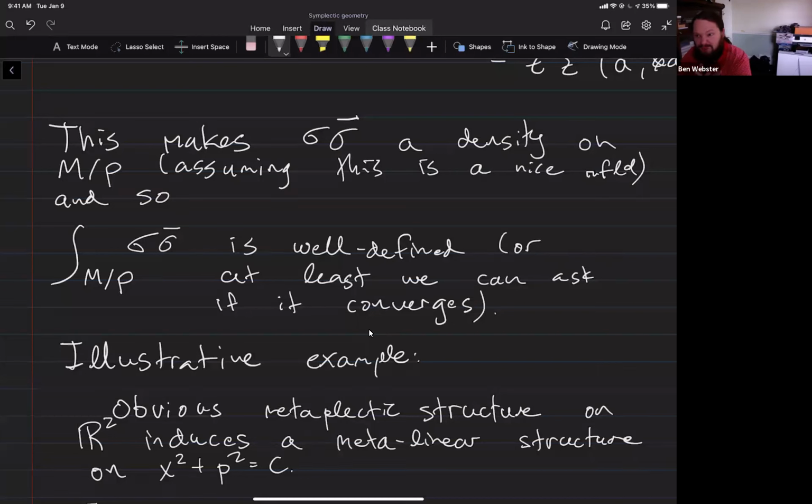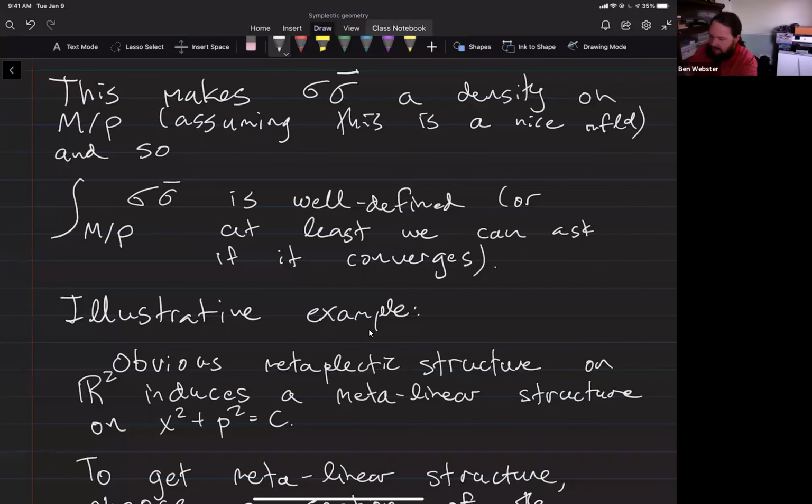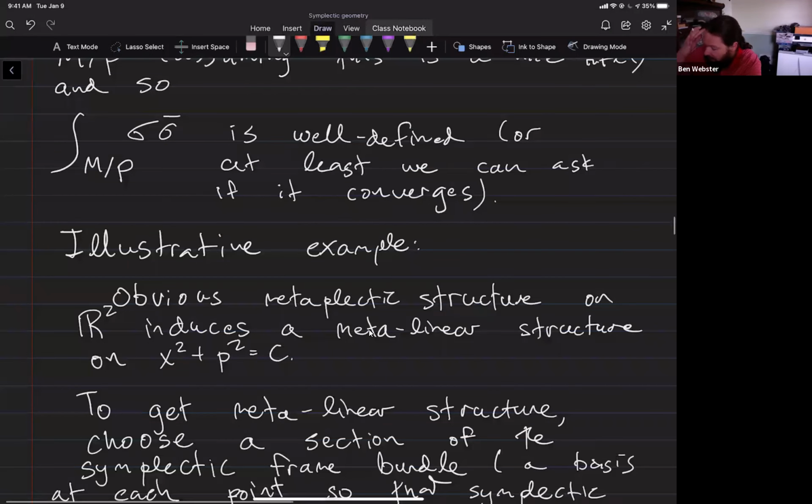Its tangent bundle is trivial, so it just has the trivial metaplectic structure. And then I can look at the polarization by circles coming out from the origin. That isn't well defined at the origin, but this was something I was tempted to use to try to understand the harmonic oscillator. But we have to pay attention to this metalinear structure.